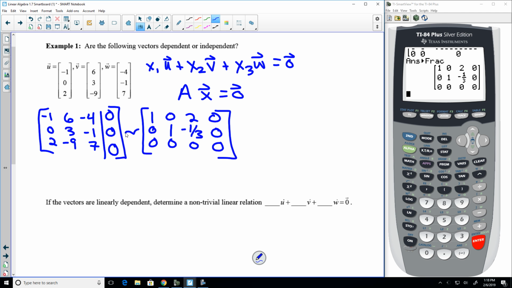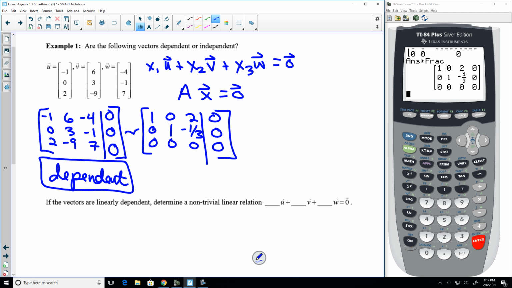So do I have free variables? I have one. That means that these are dependent. I have a free variable, so they're dependent.